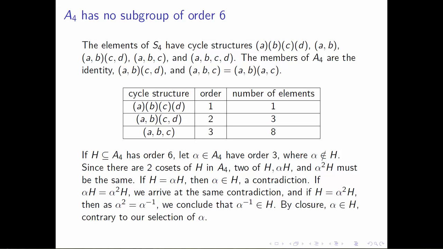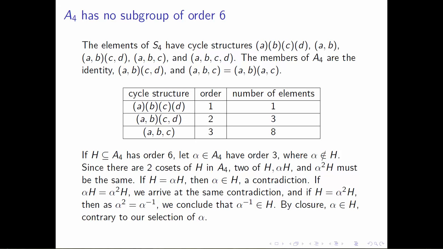And so since alpha squared belongs to the coset alpha squared H, and we're assuming that H is alpha squared H, we conclude that alpha squared belongs to H. But alpha squared is really alpha inverse, remember, since alpha has order 3. And if alpha inverse belongs to H, and H is a subgroup, then alpha inverse's inverse, which is alpha, is going to belong to H as well.